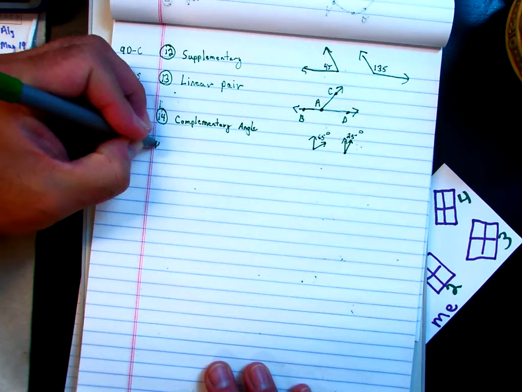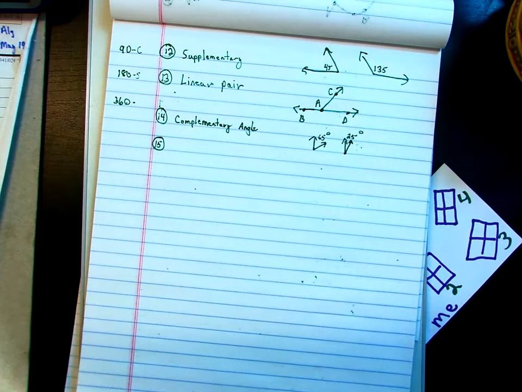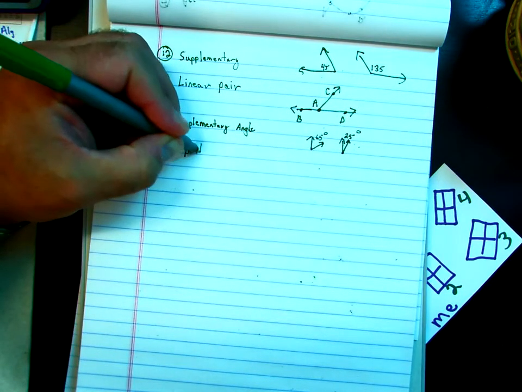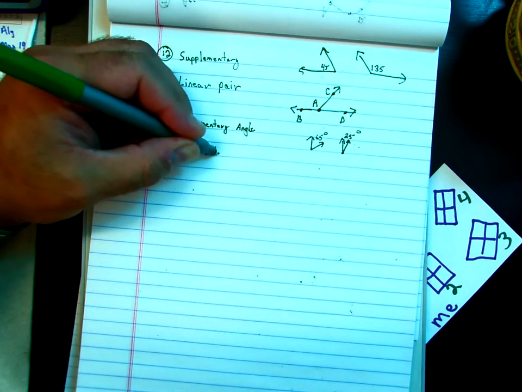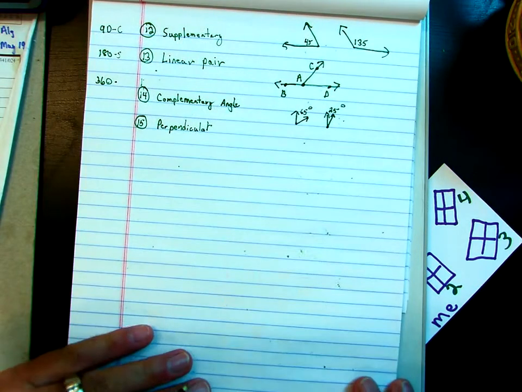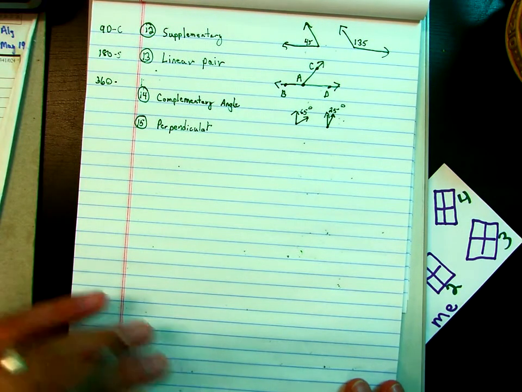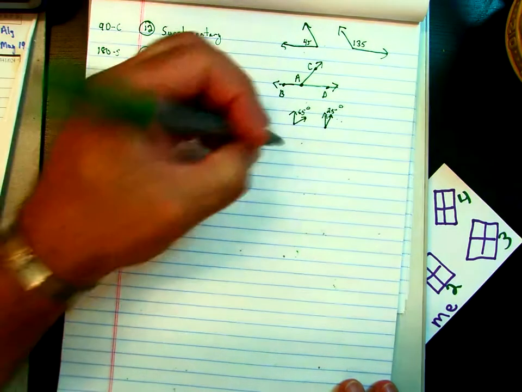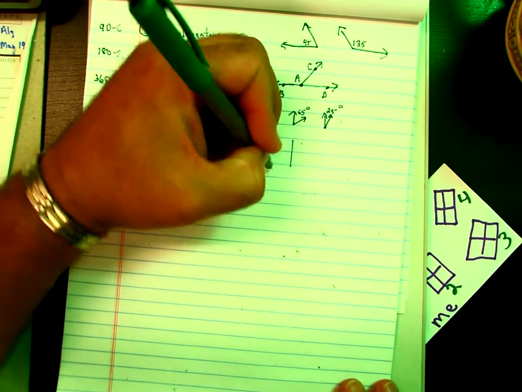All right, and last but not least, for today's number 15, which is perpendicular. That's two lines or segments that touch to form a right angle. Perpendicular looks like this.